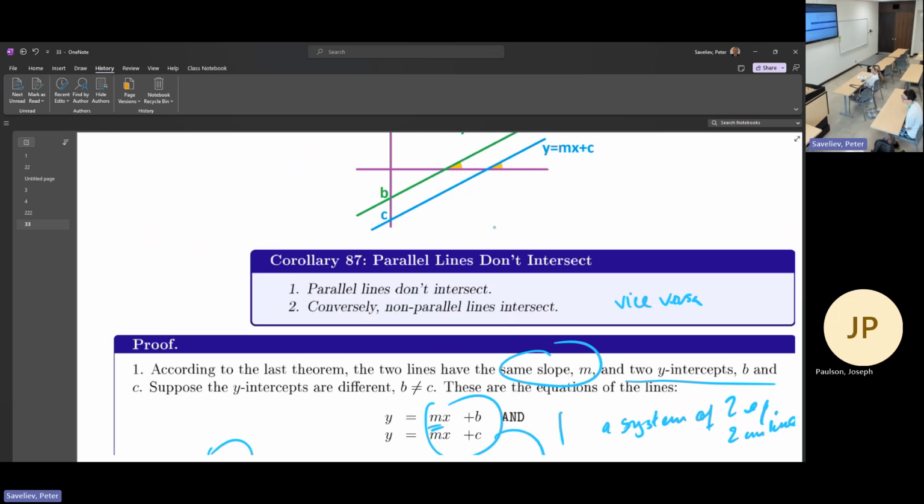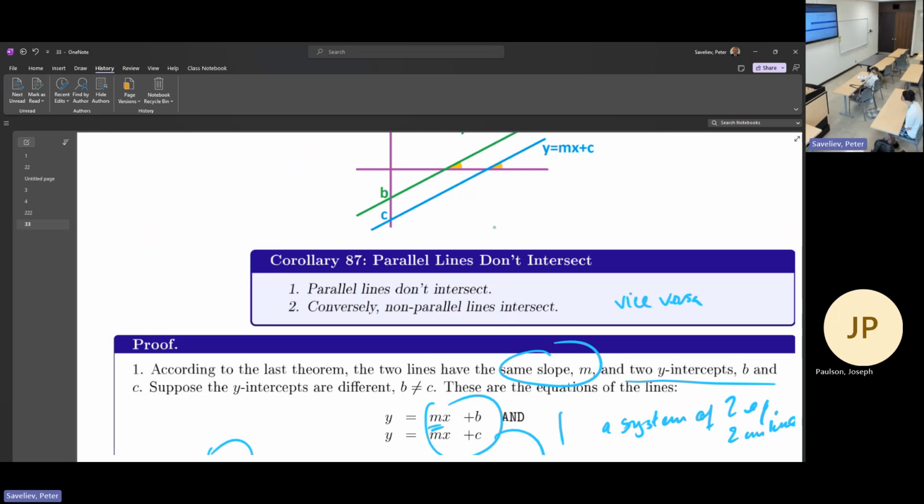Two non-parallel lines. Once again, the shape they take is the same. We find a point of intersection. Exactly right. So we write them, and the effect should be the opposite of what we had here.